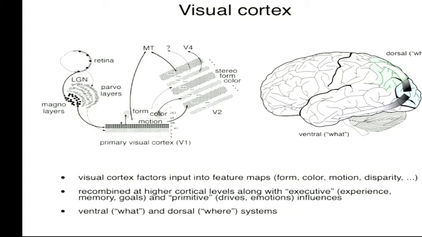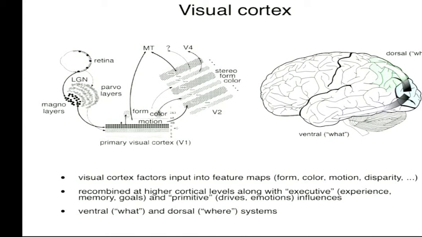And in that, there's the opportunity for other stuff from the brain to come in and sort of fill in and decide how to hook things up together again, decide what to pay attention to, right? And so that's what I said here: those maps, those factors, are recombined at higher cortical levels with executive influences.